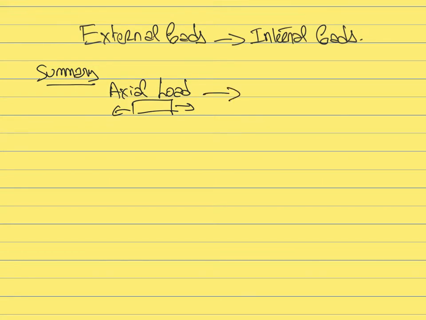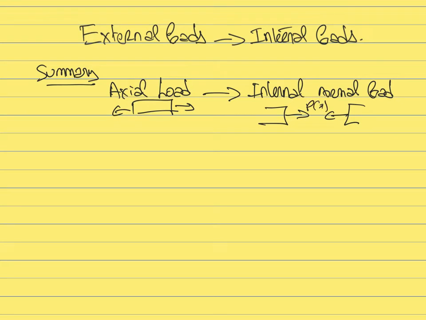In this case, the quantity that we defined was the internal normal load. You cut the beam into two parts, you use the method of section, and the positive sign convention that we used for the internal load P of x is that it's always pointing towards the outside. That's how we define the positive sign convention.